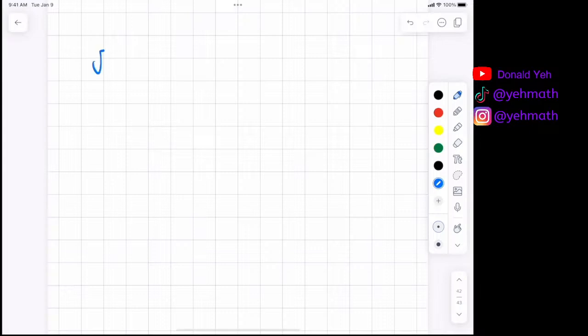First one is going to be square root of 9x squared minus 1 over, or plus 6, over 3x. No, actually, I'm not doing 3. 4x minus 3.